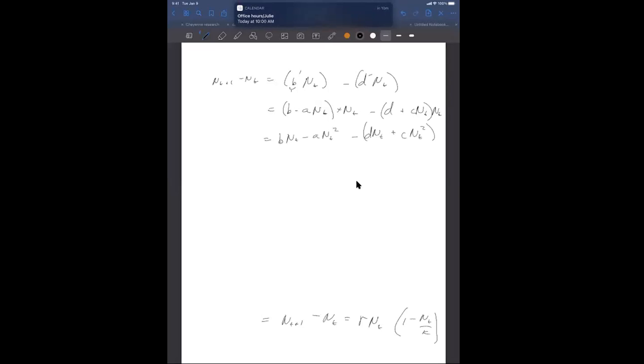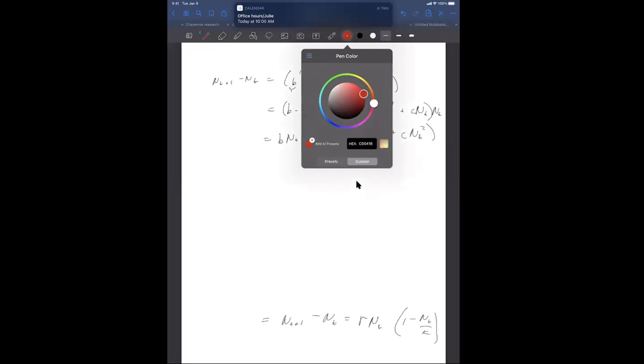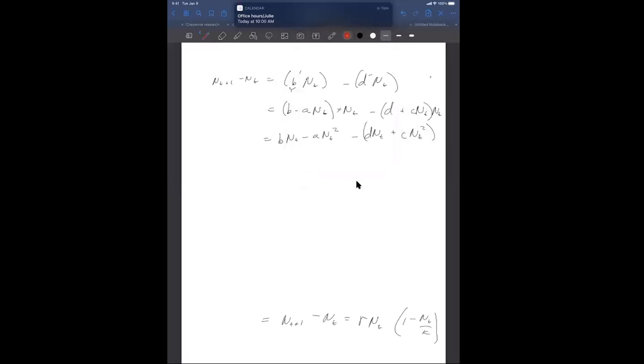So I just redistributed these through to here, and this through to here. That gave me that. Now I can rearrange a bit.